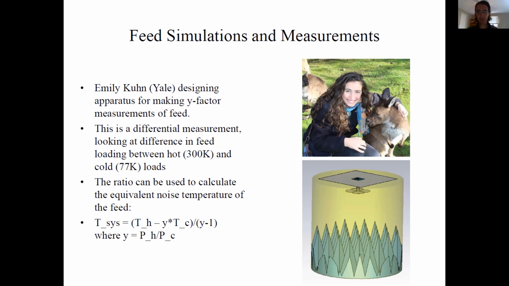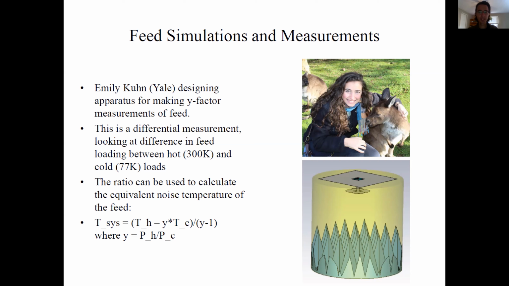So you're looking at the difference between the power received looking at a hot load and then a liquid nitrogen cooled cold load, and using that to work out the noise temperature of the feed itself. This is analogous to what's done in CMB for measuring the properties of their detectors.